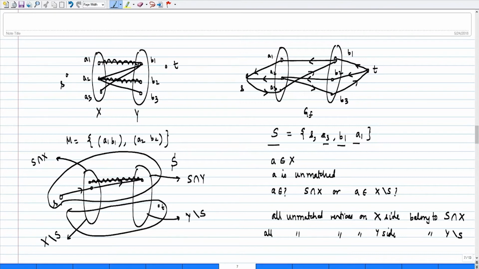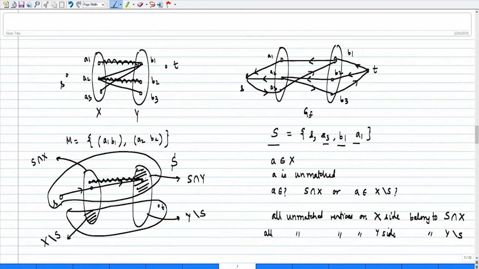So vertices here are all matched, that is what we claim. Here also all vertices are matched, that is, an unmatched vertex, if it belongs, must lie on this side. So what we are essentially asking is where does this matched vertex have its partner.